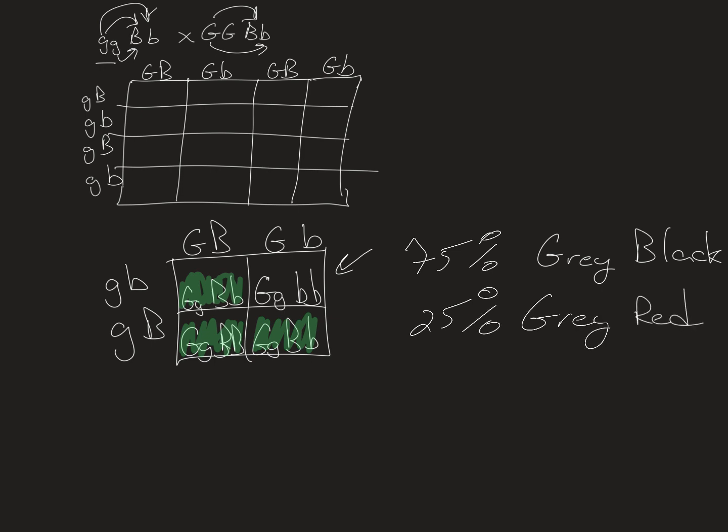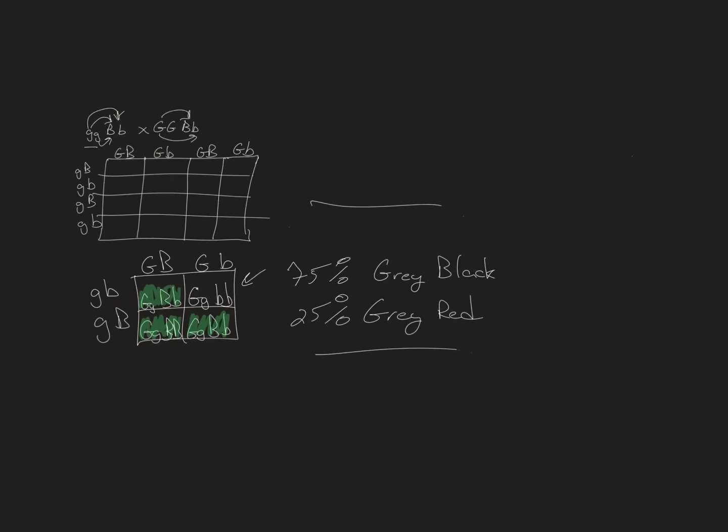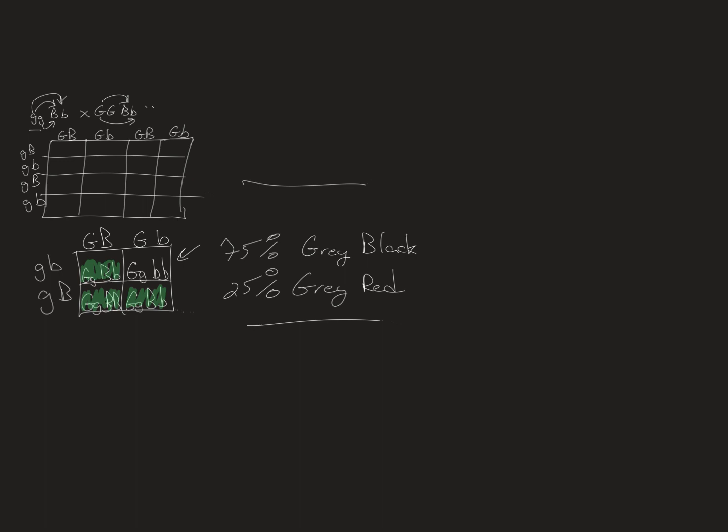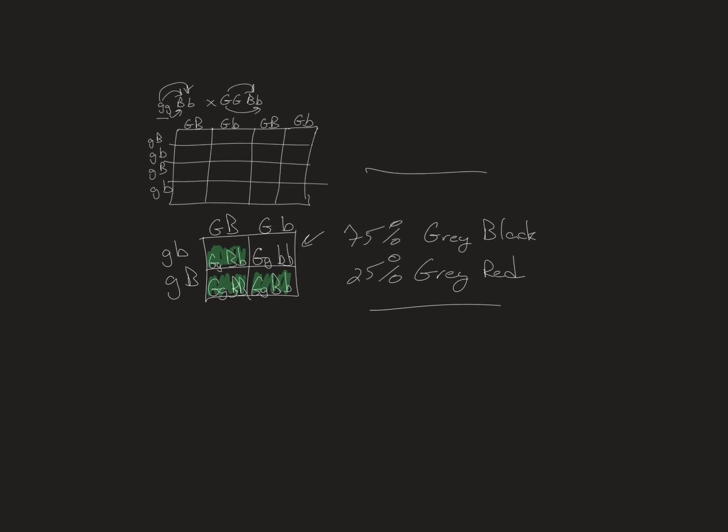Does everybody agree with that? All right. So that's what we have. And if you did this big one, you would have gotten the same percentages. If you did the big one and didn't get these percentages, then let me know.